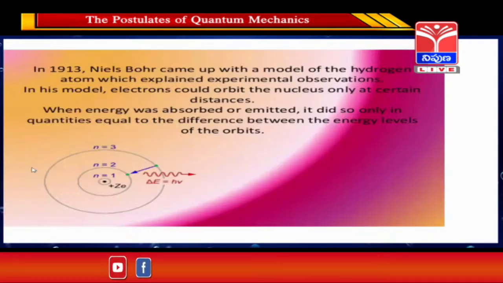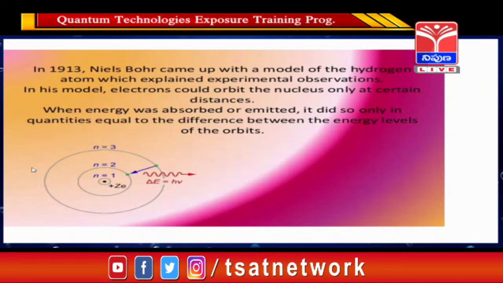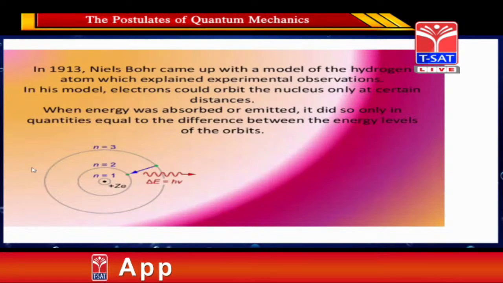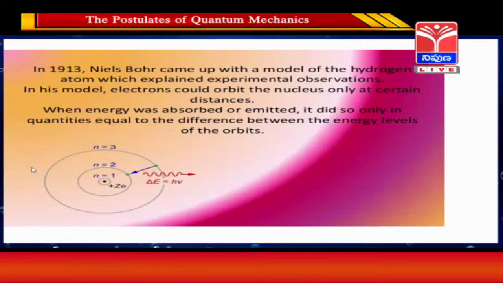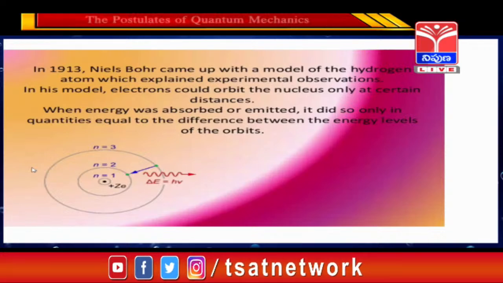Later, in 1913, Niels Bohr came up with the model of the hydrogen atom. Even we have read in our school days about Rutherford's model of the atom, and how it was unstable. Though it was on the correct path, it was not fully developed.